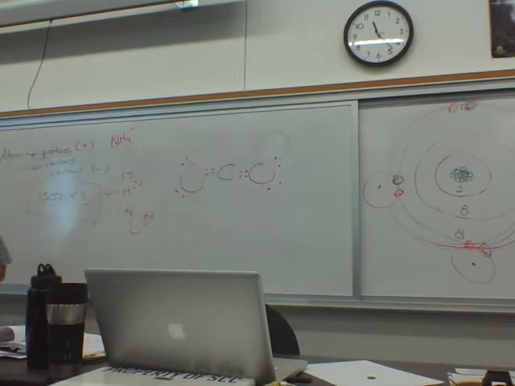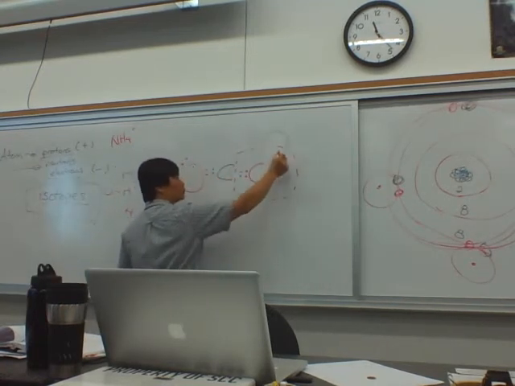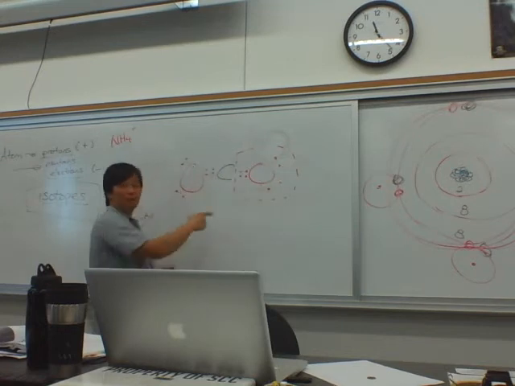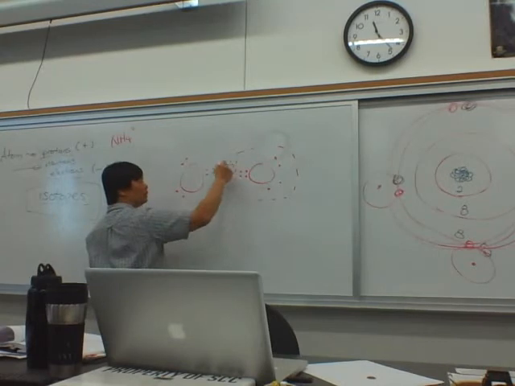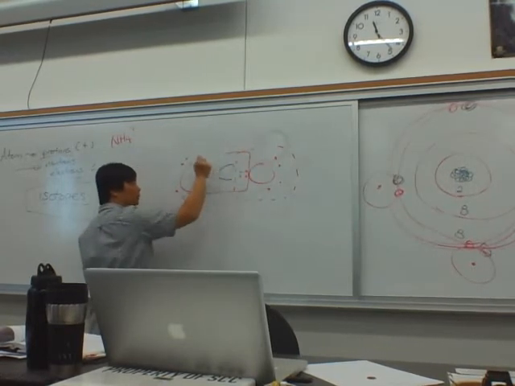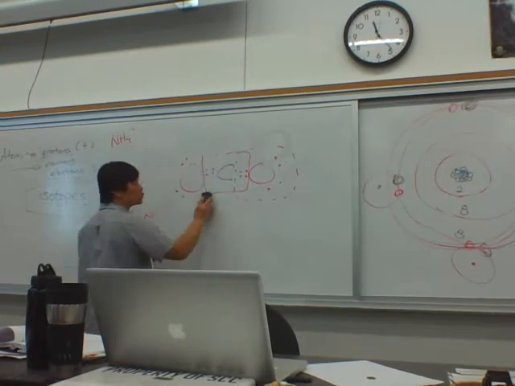Right. So if you look at just the oxygen, it has 1, 2, 3, 4, 5, 6, 7, 8. This oxygen is stable. This oxygen is stable. This carbon, if you look at the carbon alone, 1, 2, 3, 4, 5, 6, 7, 8, this carbon is also stable. So this is actually a stable structure.